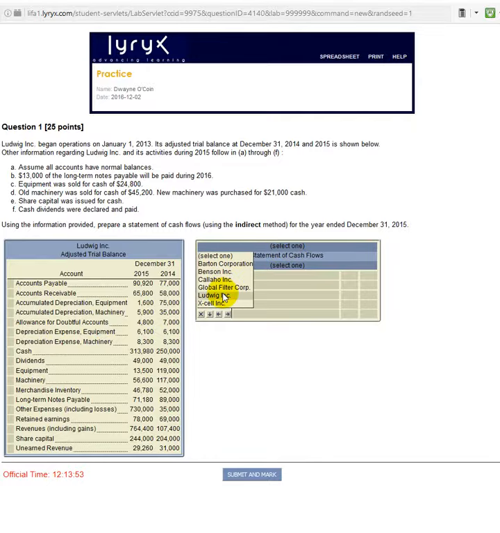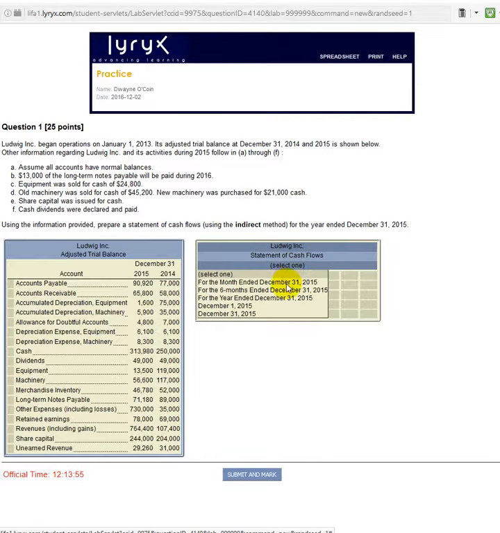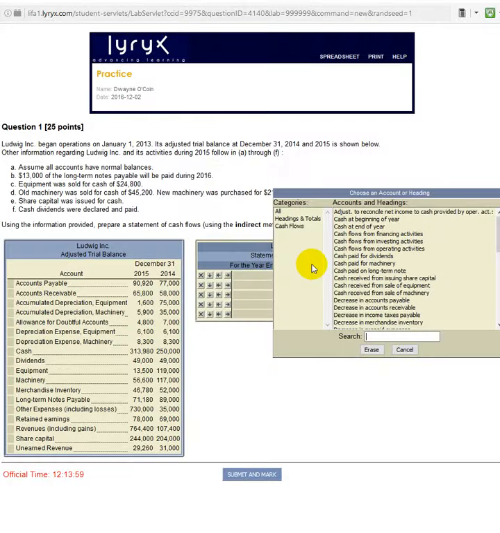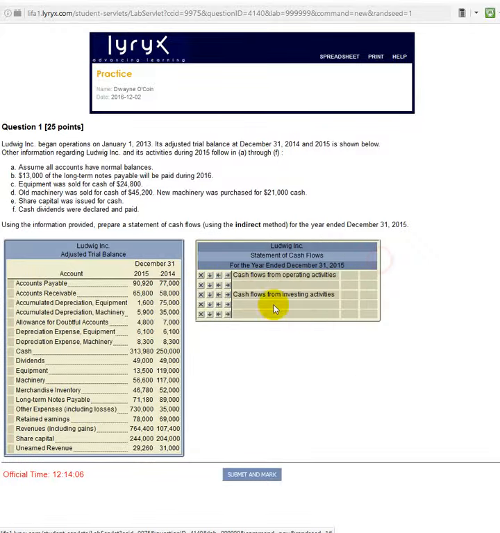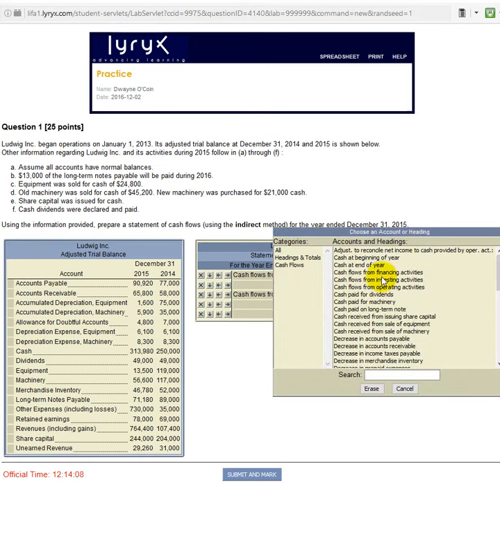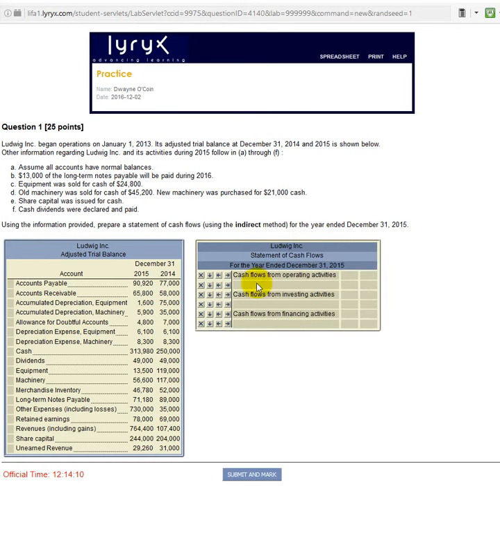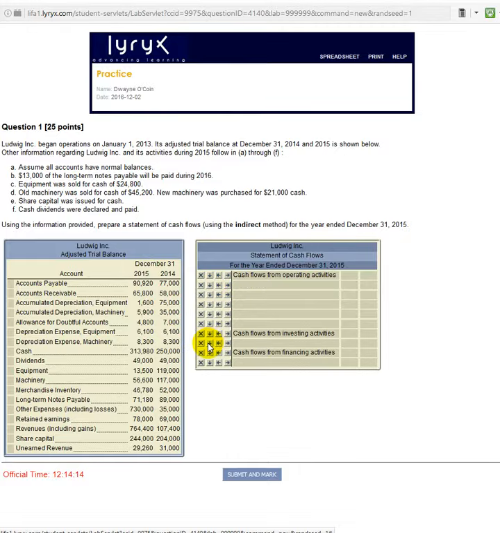We need to put in the title. That's always something I forget, so it's always a good idea to put it in first. And then let's put in some headings. So we're going to put in cash flows from operating activities, and then cash flows from investing activities, and then cash flows from financing activities. We will be putting a number of items in between, and then we'll come up with a net cash inflow for each of them.